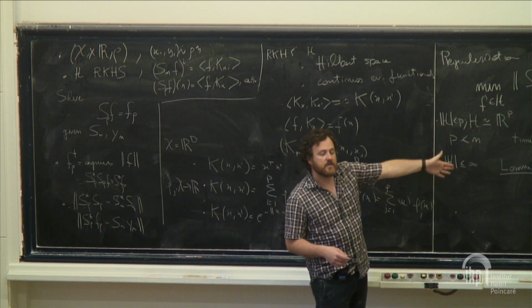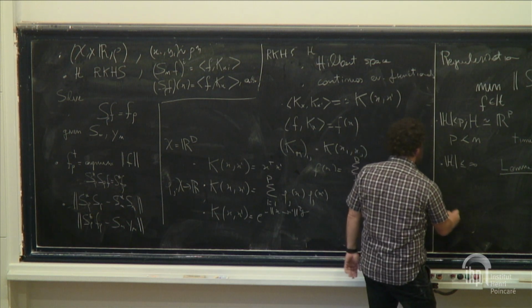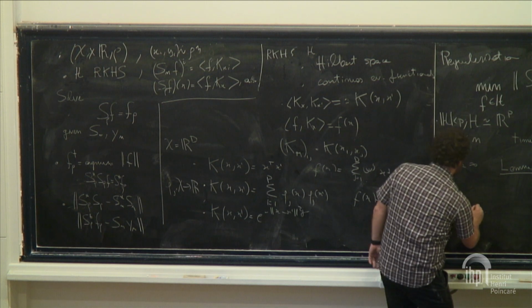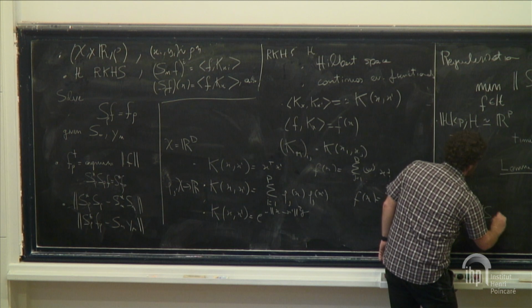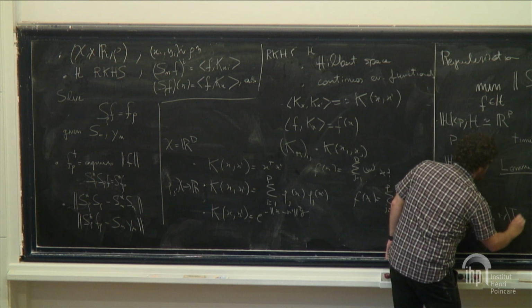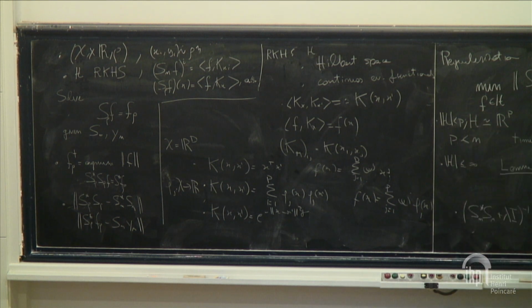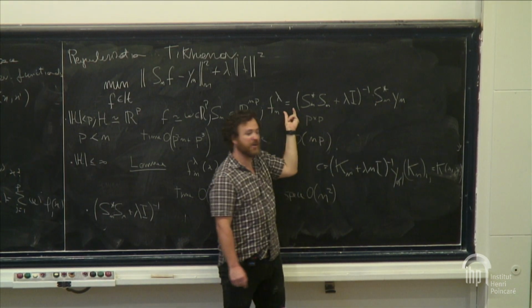How do you prove this? Well, there are essentially 2 steps. But the main one is this linear identity, which is basically what Gabriele was referring to. I tell you what I want to do. I want to take this matrix here and pull it in front of the parentheses. I want to take this S star n and put it here.